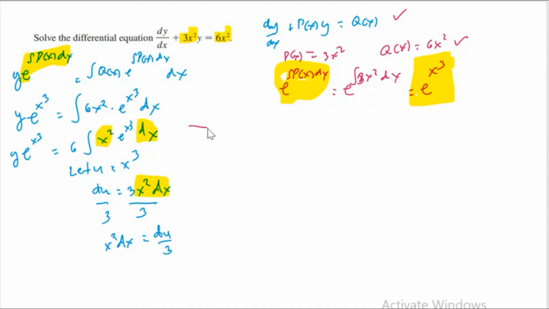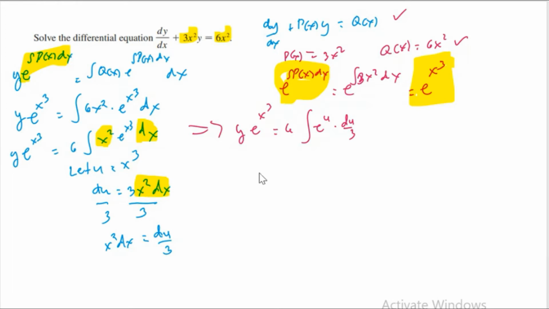So from here, we can now have y e raised to x cubed is equal to 6 times the integral of, so e raised to x cubed can be written now as e raised to u, and x squared dx can be now written as du over 3.